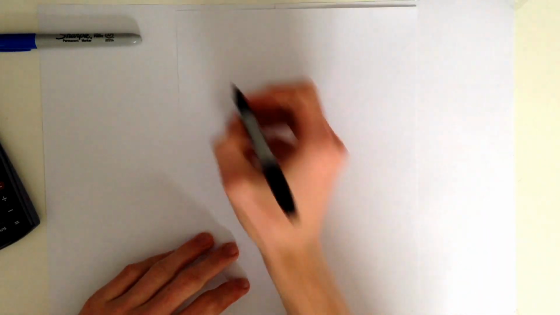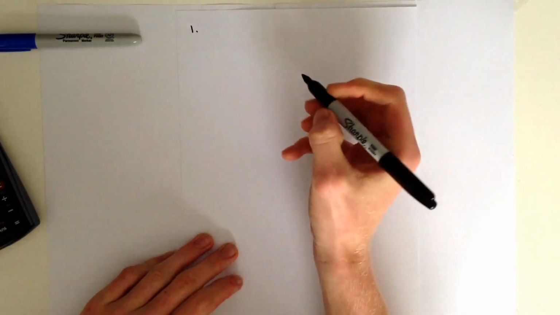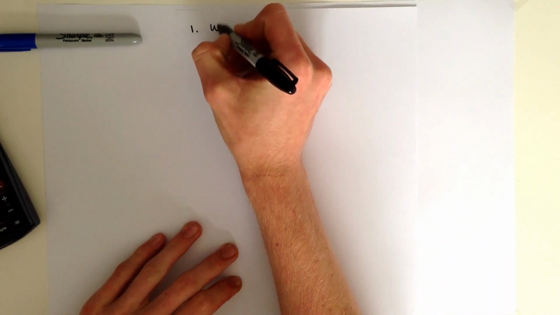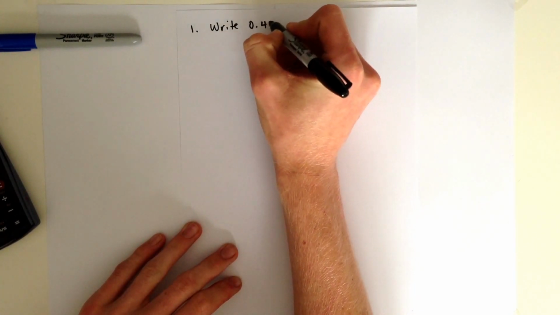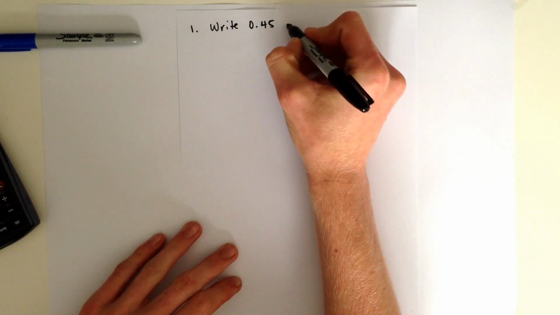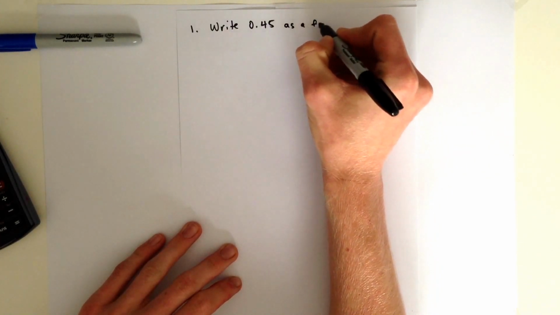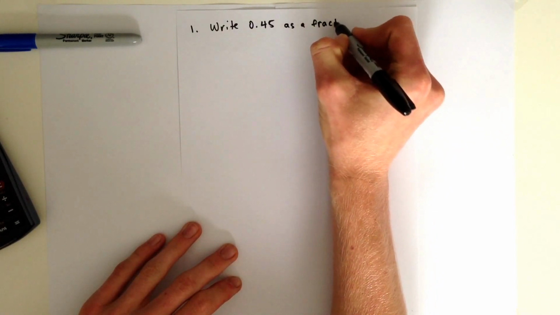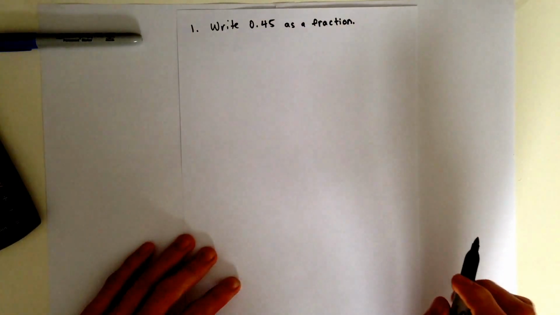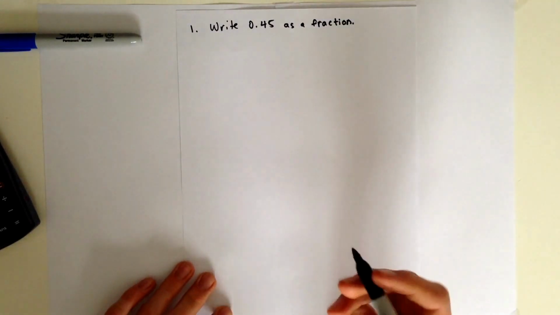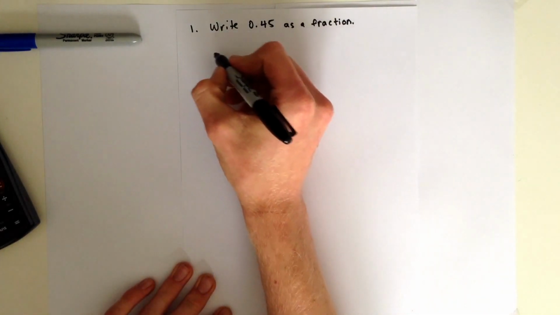Okay, our first example will be: write 0.45 as a fraction. Now, we can do this pretty much only one way.